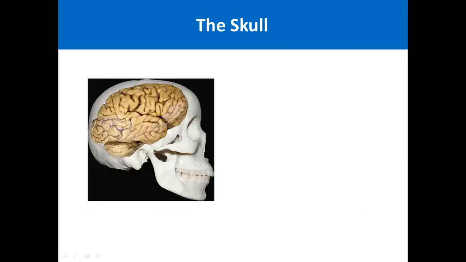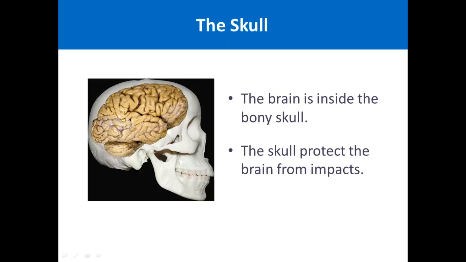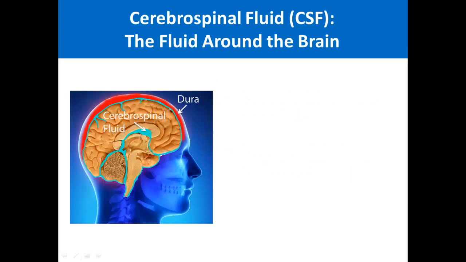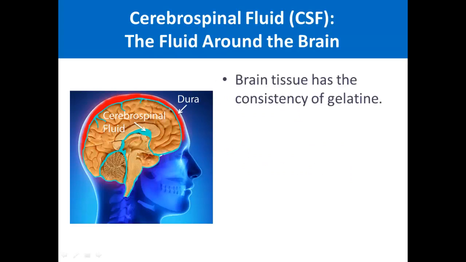Now, the brain is situated inside the skull. The skull is that bony structure. The skull is very important as it protects the brain from impact. As we look underneath the skull, we find that there's a layer of fluid that the brain is bathed in. This fluid is called cerebral spinal fluid. The brain by itself has a consistency of gelatin.